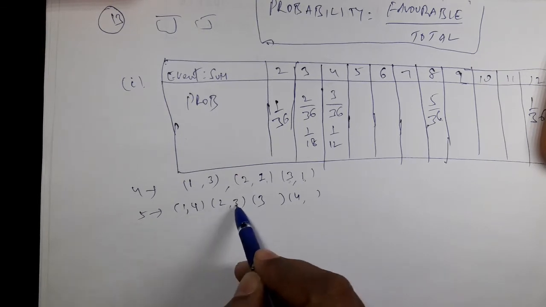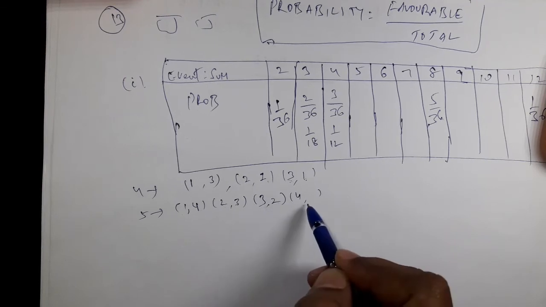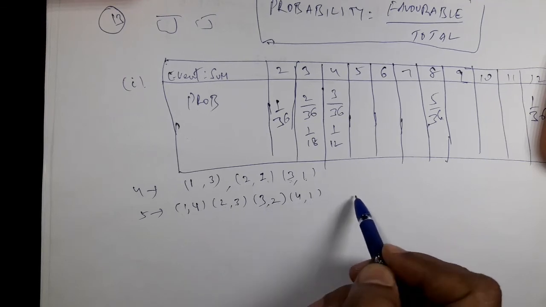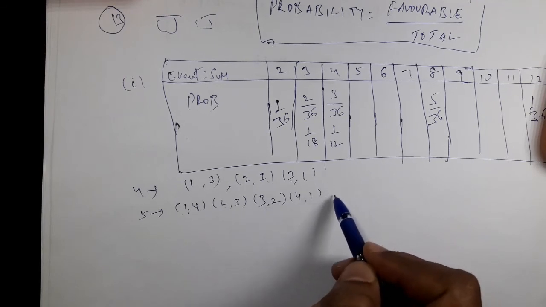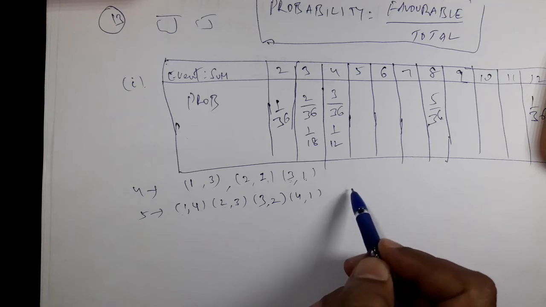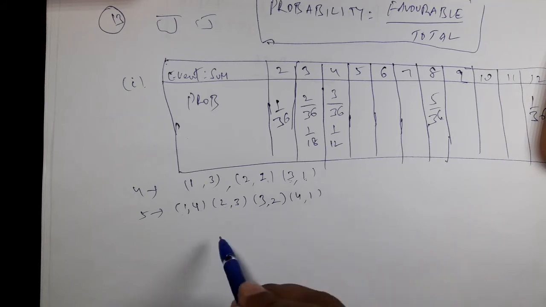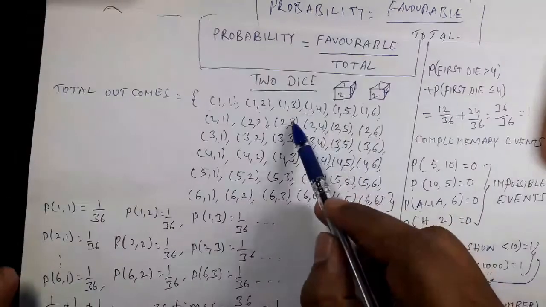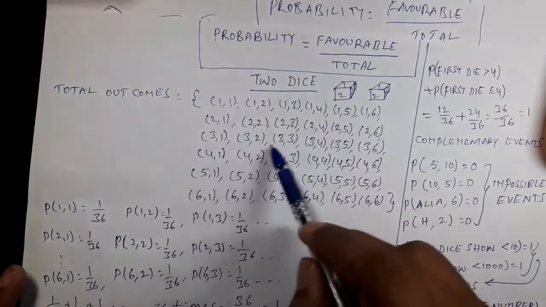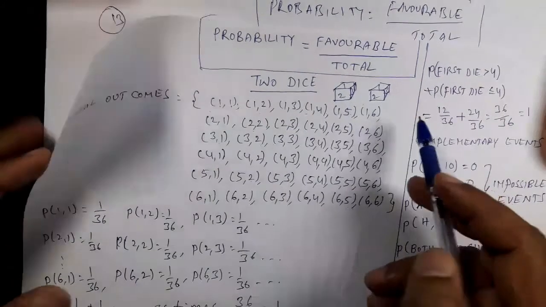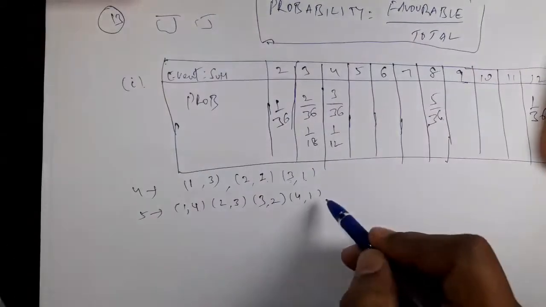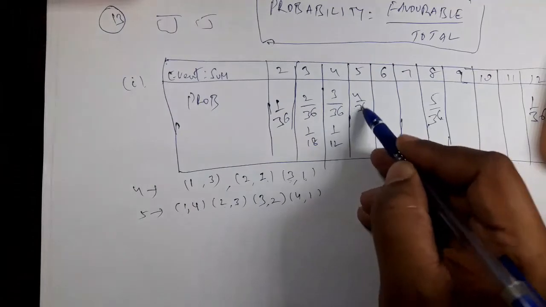Here 3: 2 plus 3 is 5, right? Here 2. Here 1. Any other possibility? No. If the first one shows 5, the second one should show 0. That is not possible. So 4 are favorable. Here also 1,4; 2,3; 3,2. If you observe, this is 4 by 36, right?